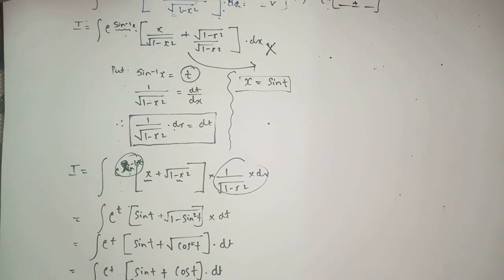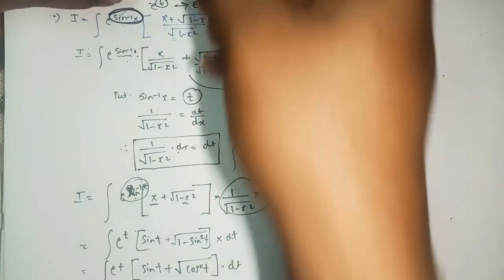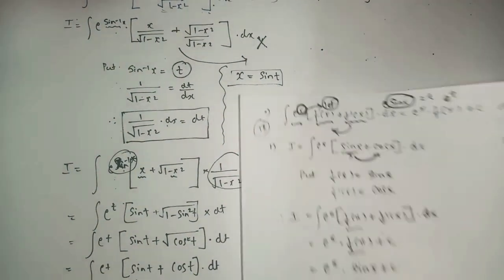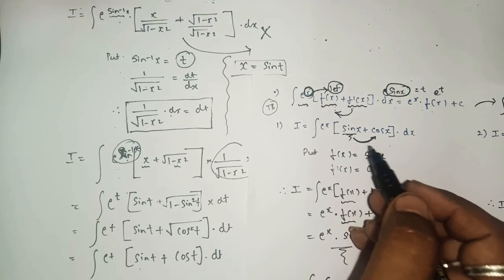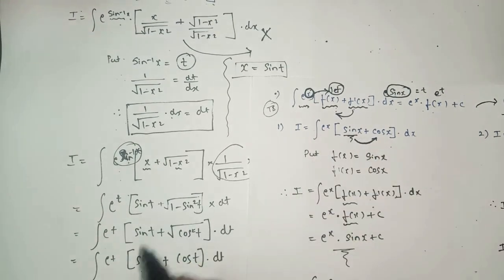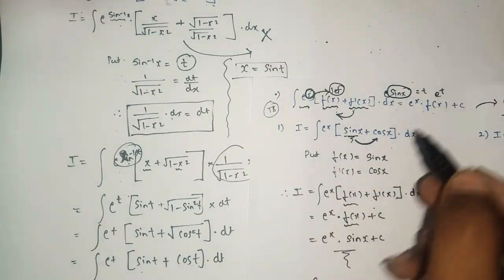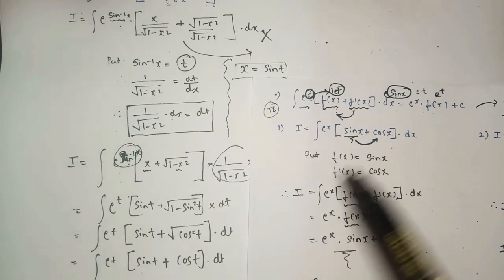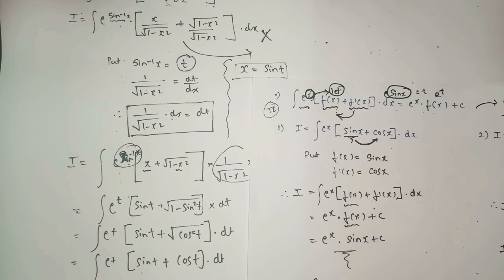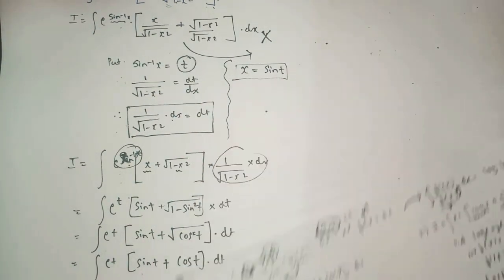As clearly we can see, we have converted this whole sum into your first sum. The first sum was like this only, e raised to x into sin x plus cos x, but here just x is replaced by what? t. Here we integrated with respect to x, so now we have to integrate with respect to t. That's it.